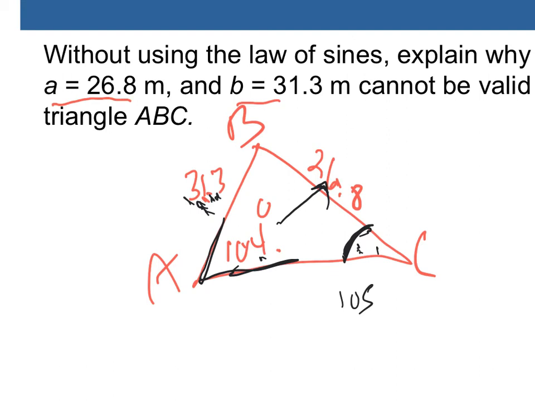If that was 105, 105 plus 104 is 209 degrees. That's too much. Even if it tied it, well, it can't tie it because these sides aren't the same. It had to be a little bigger. That is so far above 180, it's just not possible.